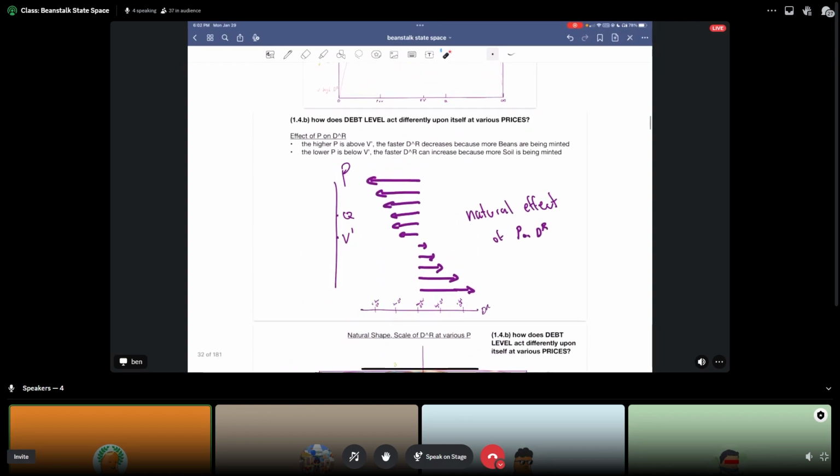Now, we switch it around. At different prices, how does debt level act differently? Of course, when the price is greater than its value peg, Beanstalk is minting, so the debt level decreases.